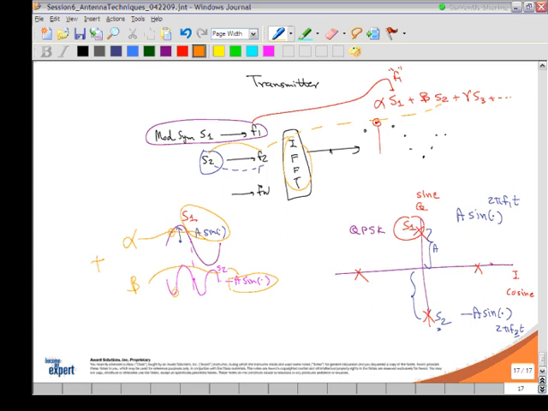We are adding these amplitudes after doing some sort of scaling. So maybe this corresponds to this time instant, then this corresponds to another time instant here, and finally perhaps let's pick this time instant.